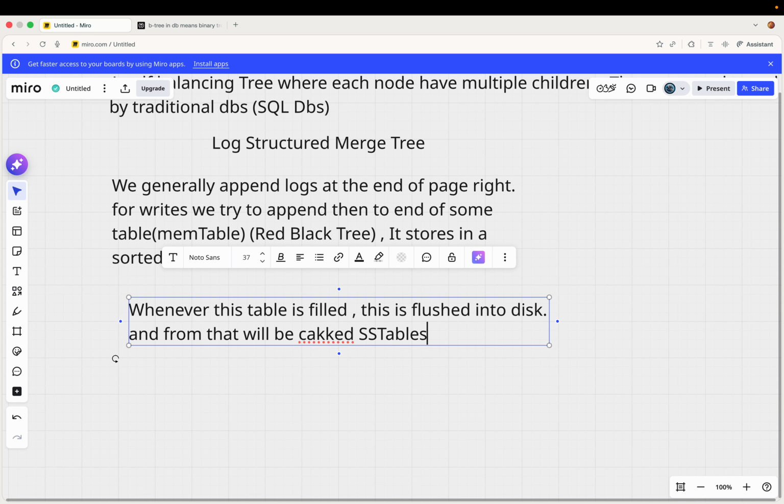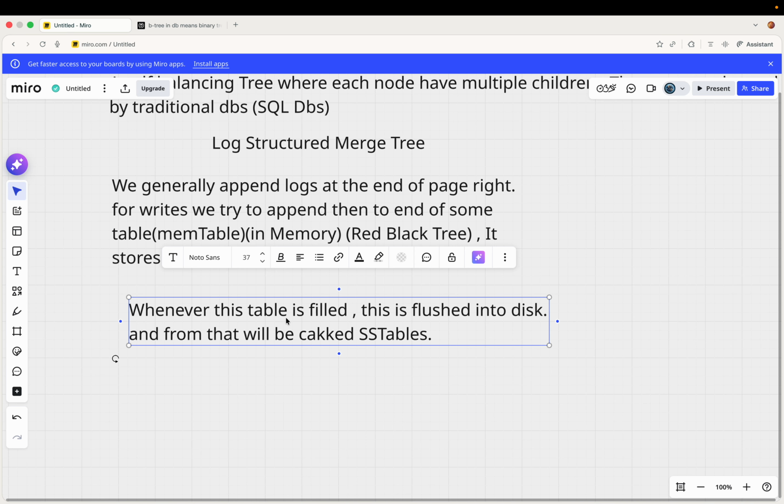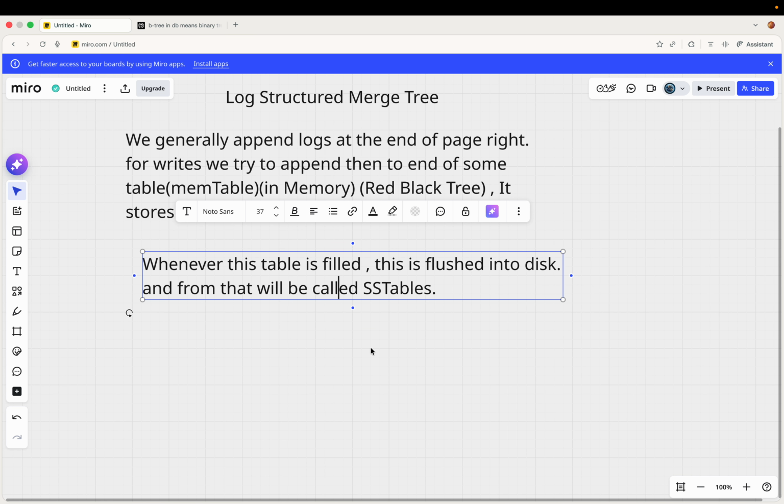That mem table is in memory, generally we call it an in memory buffer also. This LSM tree is generally used in Cassandra, RocksDB, etc.